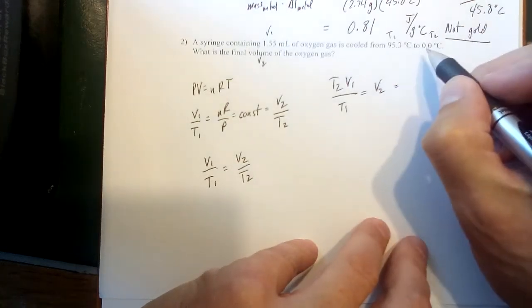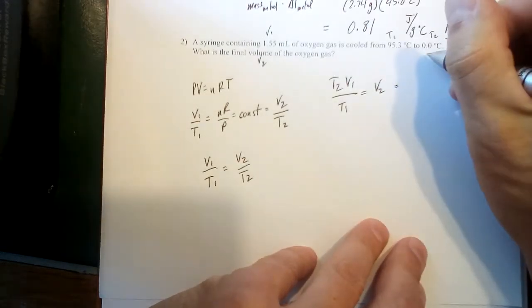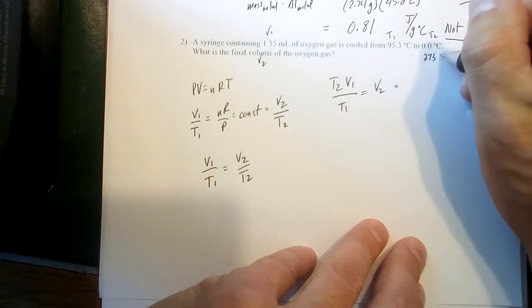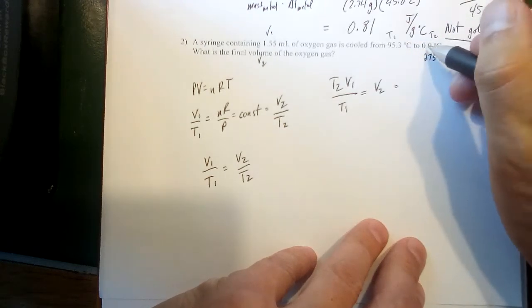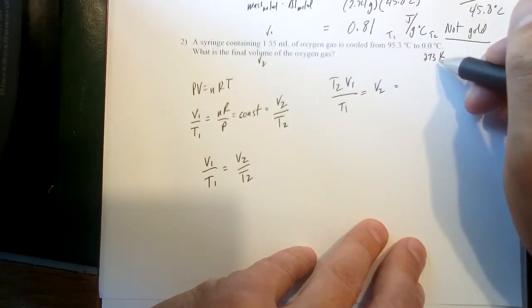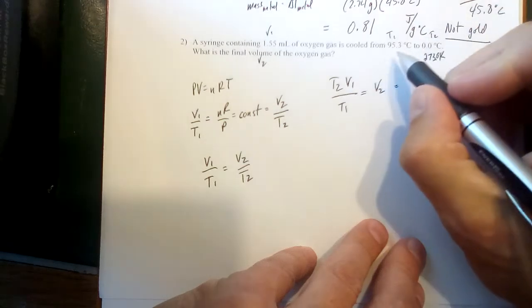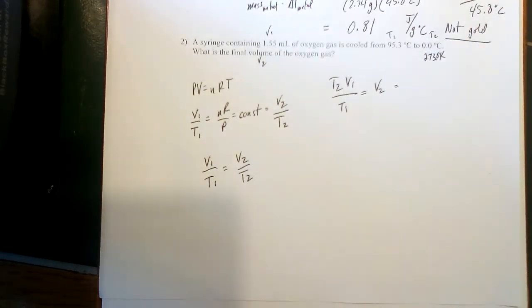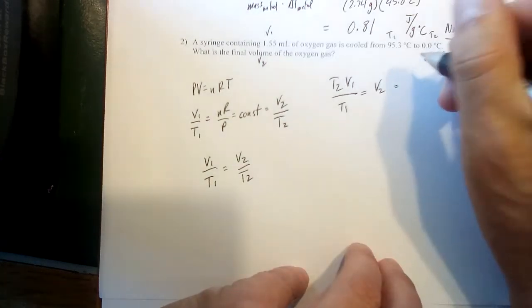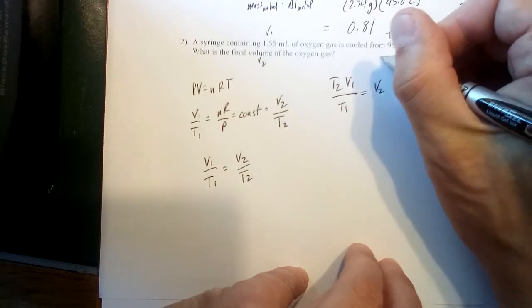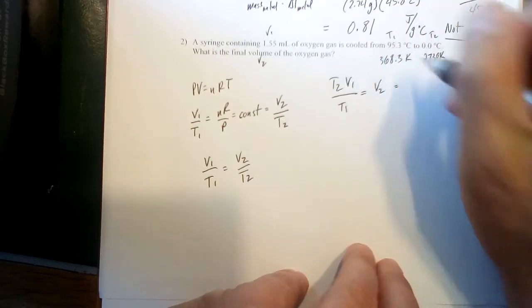So to change both of these to Kelvin, we need to add 273. So our second temperature would be 273 Kelvin. And it does go to the tens place, so it would be 273.0 actually there. And then 95.3 plus 273 is 368.3 Kelvin.